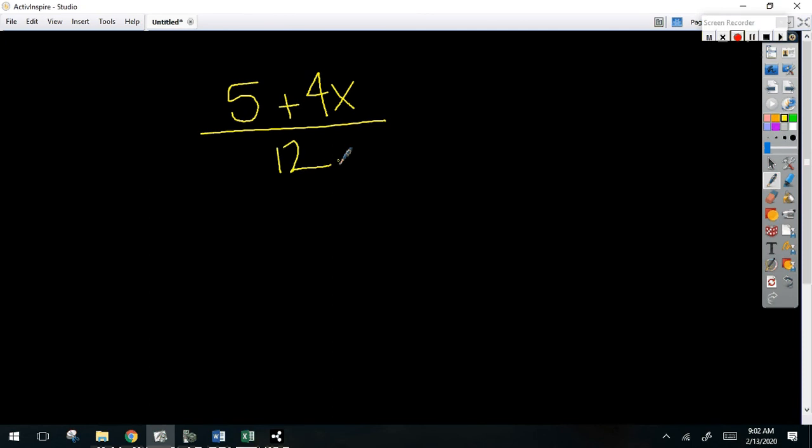How might I simplify that? Divided by 4. 5 over 12 plus 4x over 12.